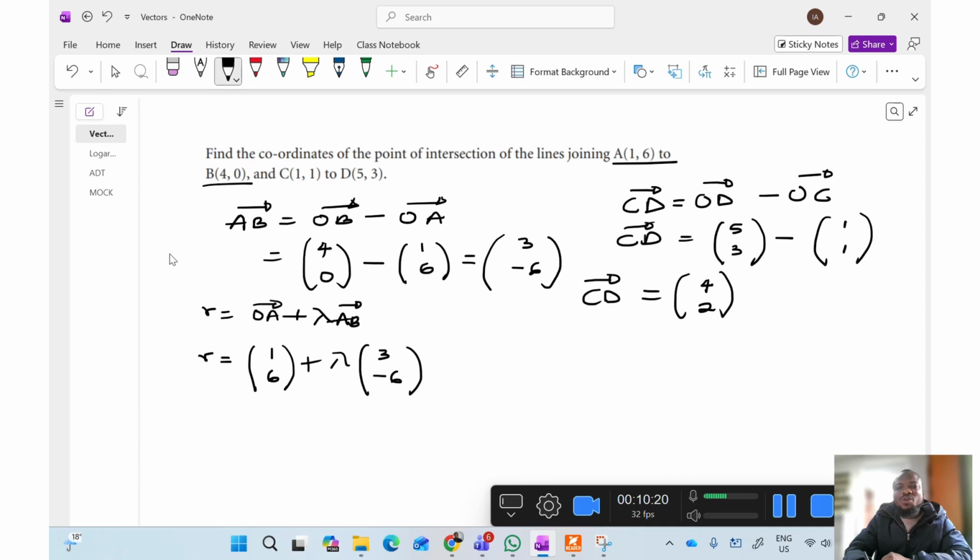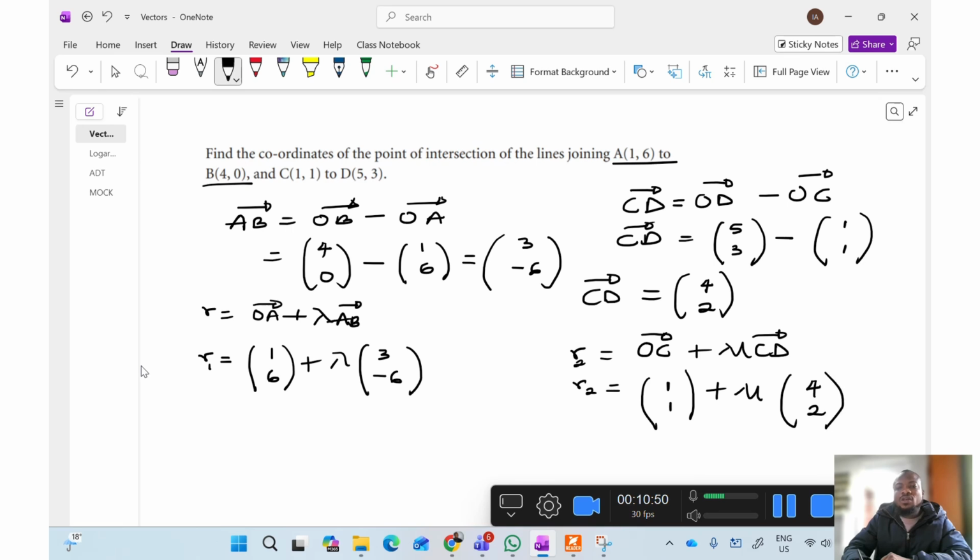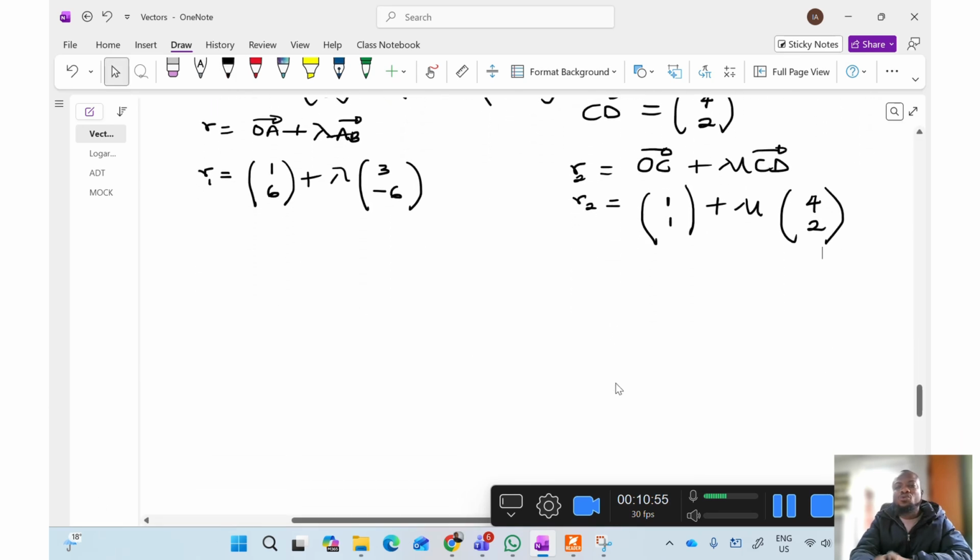So the vector equation of a point on line CD will be equal to OC plus mu CD. So R2 will be equal to OC, that is 1, 1, plus mu CD, which is 4, 2. So I have been able to get the vector equation of the point on these two lines.